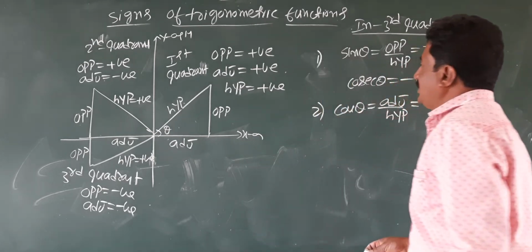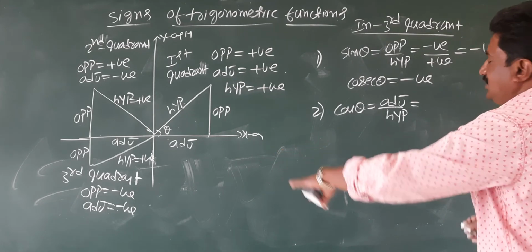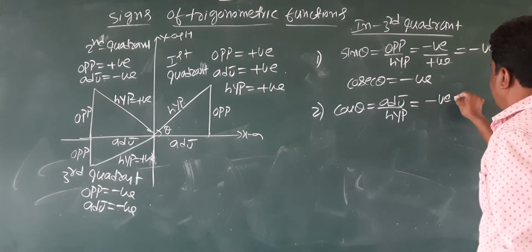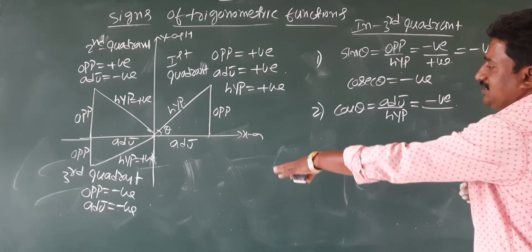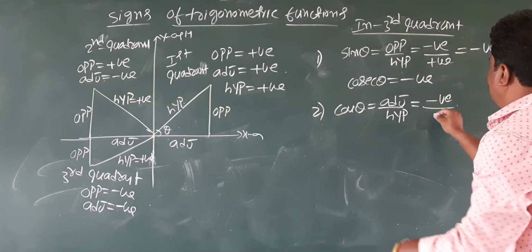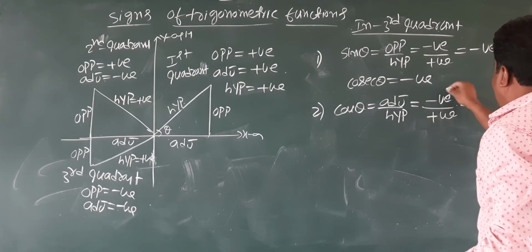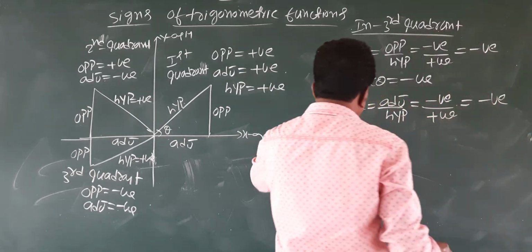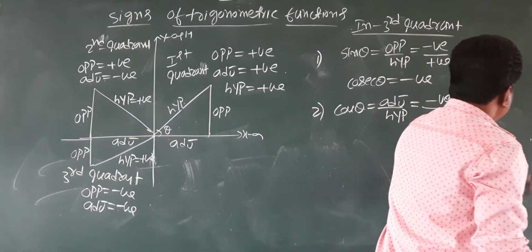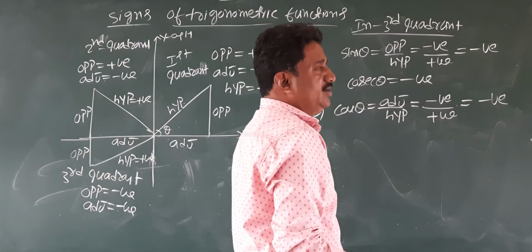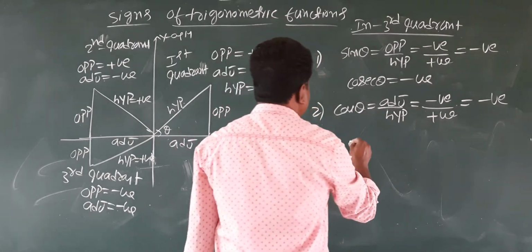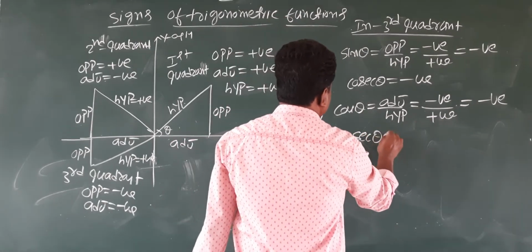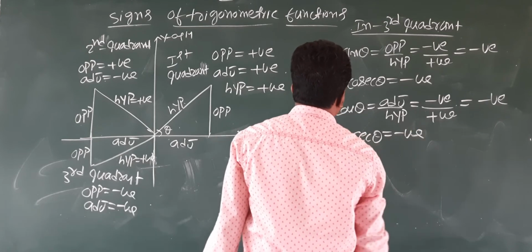In the third quadrant, adjacent is negative, hypotenuse is positive. Minus by plus, negative. Cos theta is negative. Since cos theta is negative, its reciprocal secant theta is also negative.